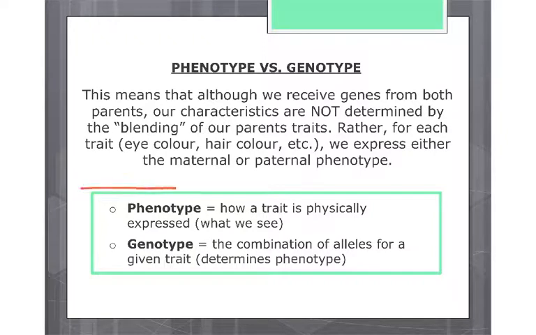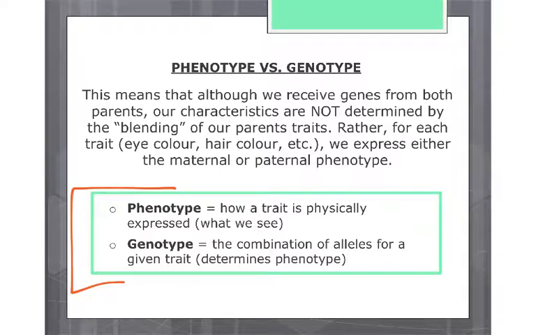Now, very important terminology, the difference between phenotype and genotype. This means that although we receive genes from both parents, our characteristics are not determined by the blending of our parent traits. Rather, for the trait, for example, eye, hair color, etc., we express either the maternal, so that's from mom, or the paternal phenotype.